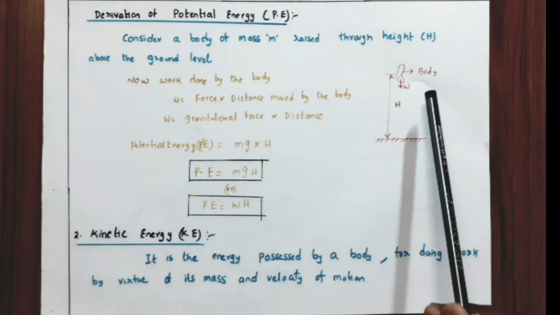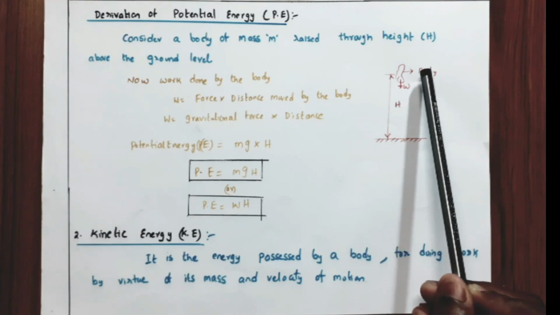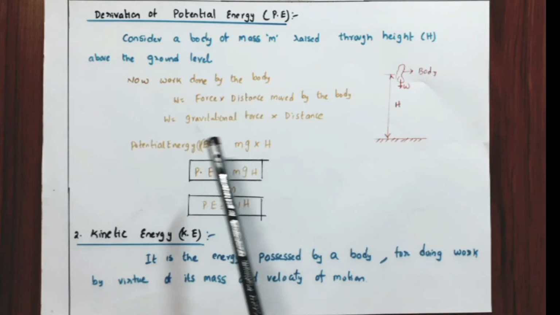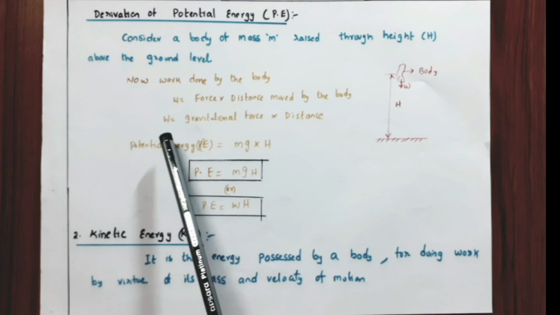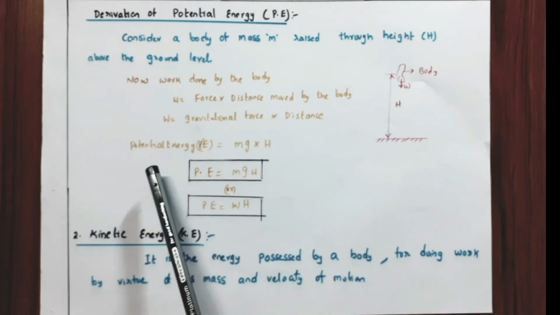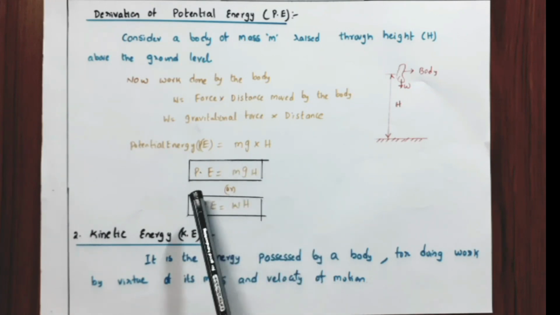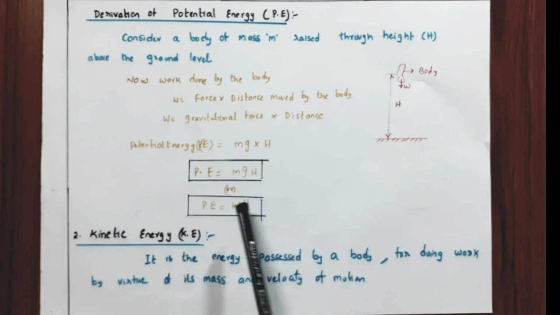Here the force is the gravitational force, since the body is attracted towards the earth. So W equal to gravitational force into distance. Potential energy PE equal to mg into h. So PE equal to mgh, or PE equal to Wh, since mg equal to W.